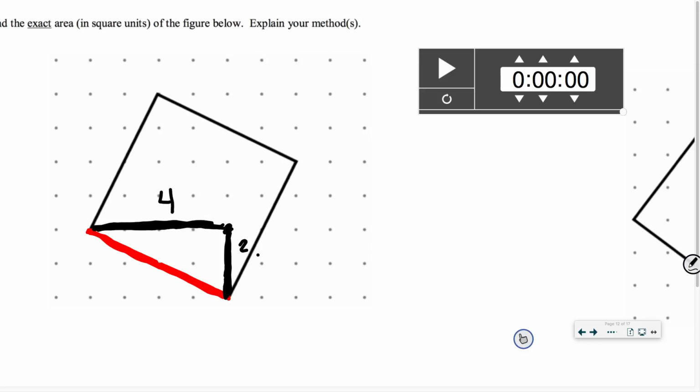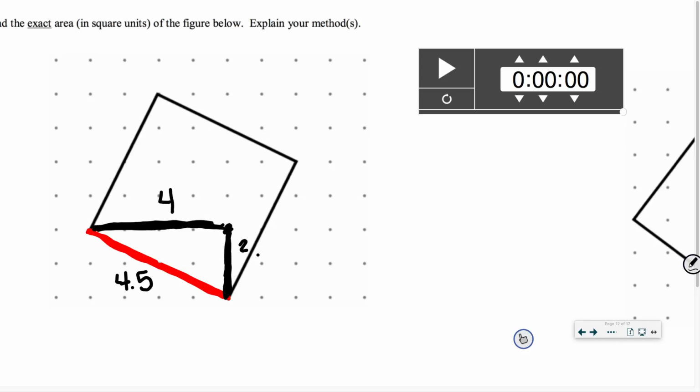It's 4 times 4. Oh, 4.5. How did you get that? It was 4.472, so that would round up to 4.5.